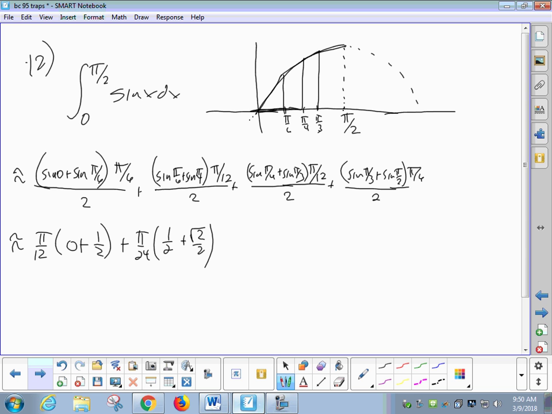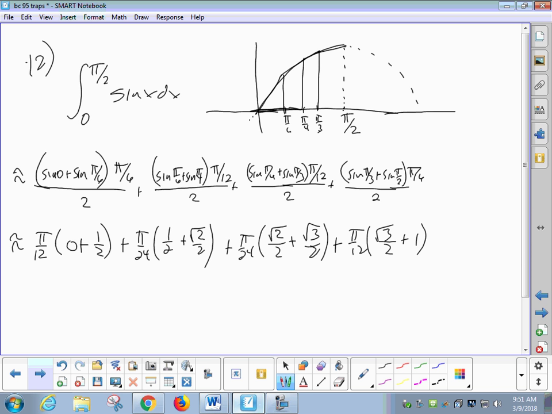Root 2 over 2, plus pi over 24. Pi over 4 is still root 2 over 2. What's sine of pi over 3? Root 3 over 2, plus pi over 12 times root 3 over 2 plus sine of pi over 2, which is, I think that's it. You can do it.